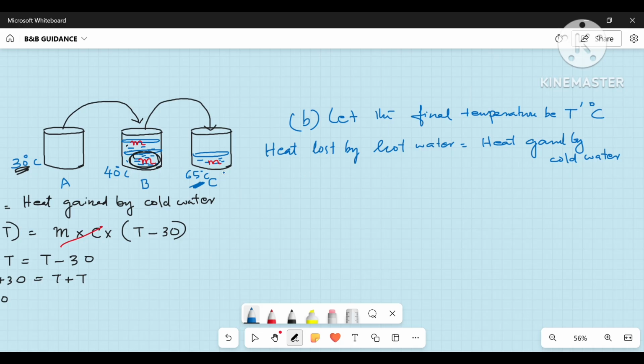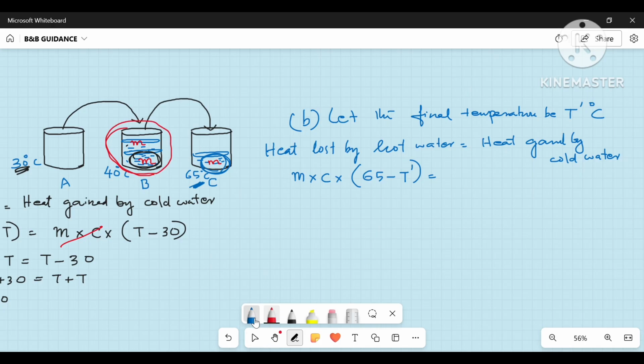So heat lost by hot water. What is the mass of hot water? This one, m. So mass of water m, specific heat capacity is C, and that's a fall in temperature, 65 minus T dash, is equal to heat gained by cold water. Cold water is here. What is its mass?